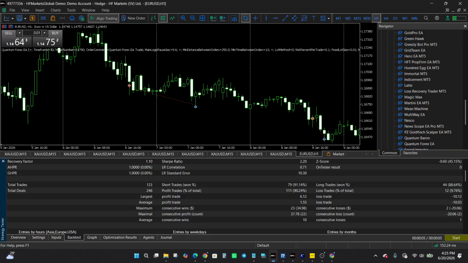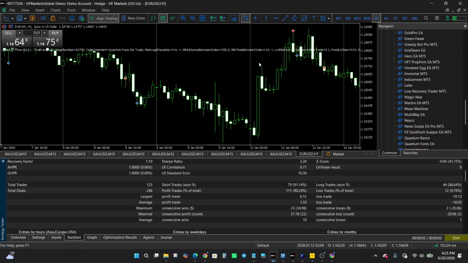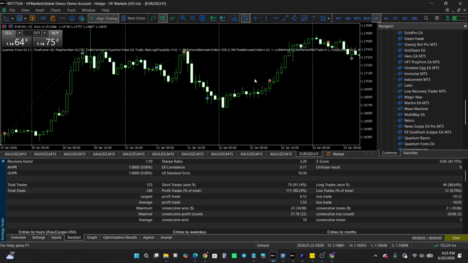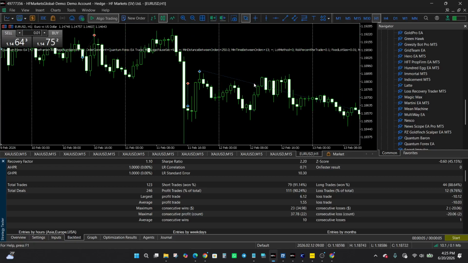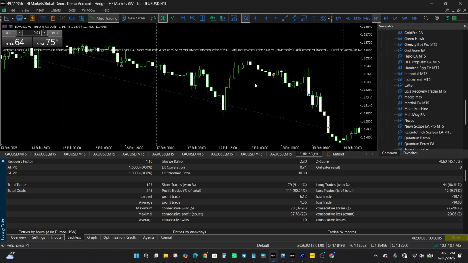But overall, the Quantum Forex EA for MT5 offers a structured multi-indicator approach with extensive customization options, flexible signal confirmation logic, and a comprehensive set of risk management tools. As always, thorough testing and optimization should be completed before considering any live trading application.